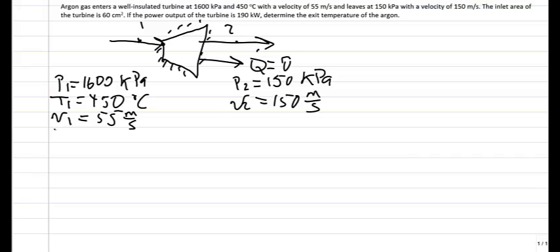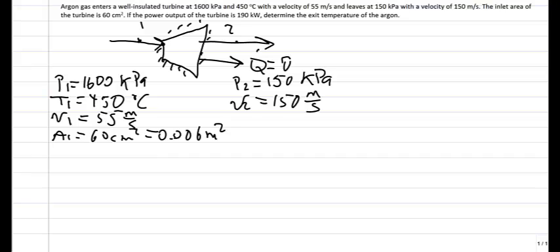Additionally, the inlet area A1 is 60 square centimeters, and if we multiply that by 10 to the minus fourth, that's the same as 0.006 square meters.